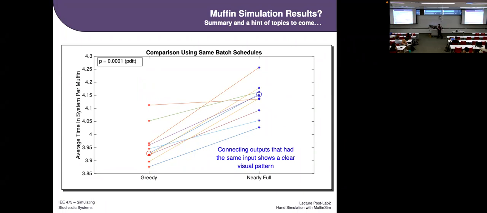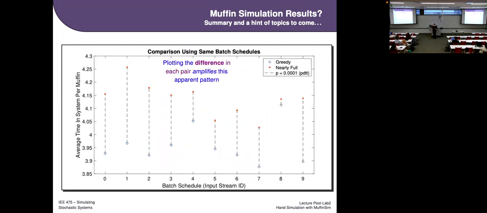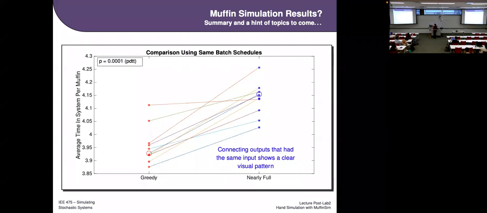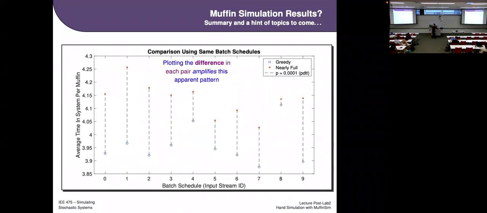And so we're going to revisit these ideas as we move on, but you've done it, so I wanted to point these out where we got it. This is one way we often plot these data when we have these paired examples. The other thing I can do is take all of these differences. So if I take this blue minus this red, or this blue minus the paired red, I can plot them this way, where I've got all the blues as open circles down here, and there are paired reds on top of it.